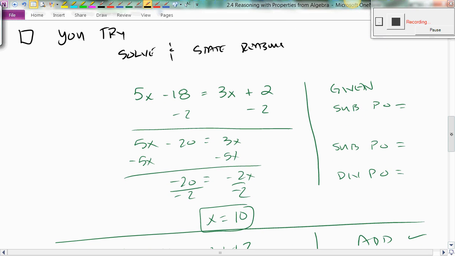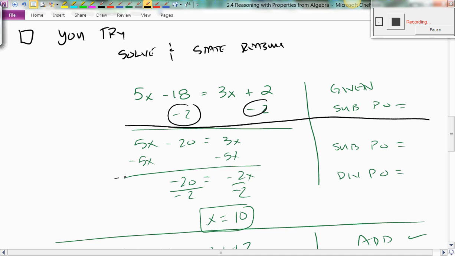We had a you-try where partners did the same sort of thing here: 5x minus 18 equals 3x plus 2. So we have a given, and then we had the subtraction property since we took 2 away from either side. So we had the subtraction property of equality.